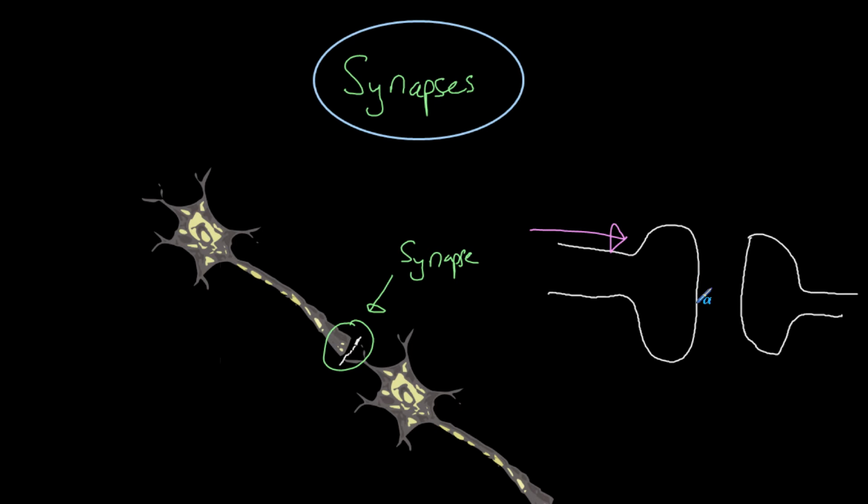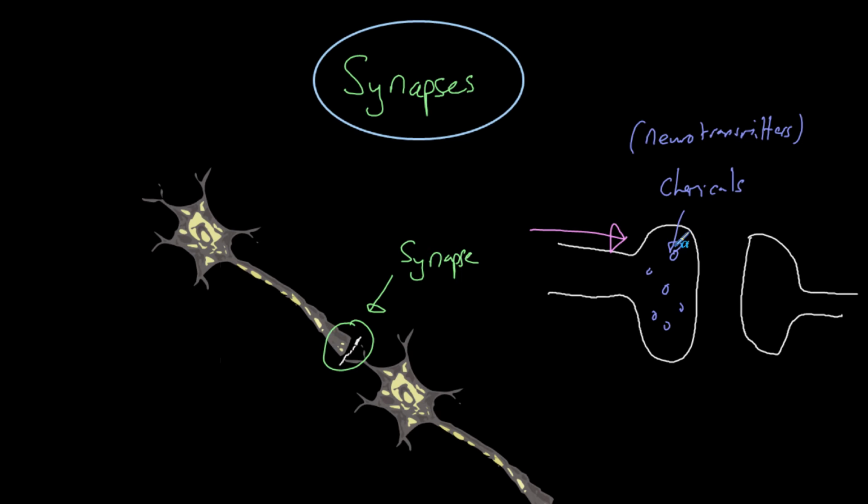What happens is that this part of the neuron contains sacs which have chemicals in them, which are then going to be released. These chemicals are known as neurotransmitters, because they transmit the signal from one neuron to another.